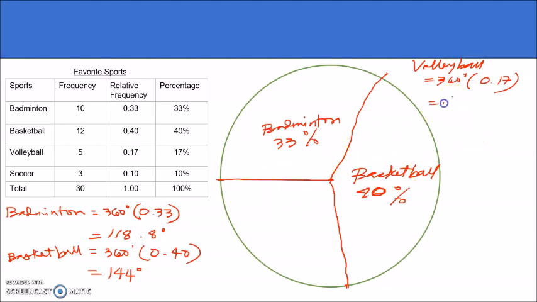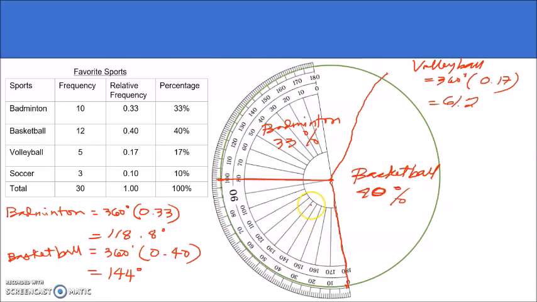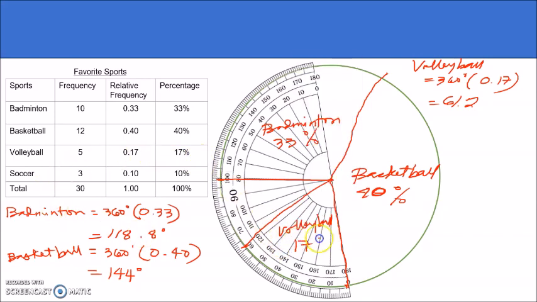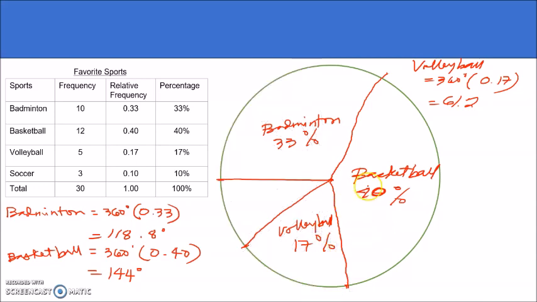Okay, 61.2. So, gagamit tayo ulit ng protractor. Dito na tayo magsi-0, point of reference na dito sa next. And so, 61. So, we have 50, 60. So, 61, dito siya banda. So, connect lang natin yan. Oops, straight line. Ayun. So, this is for the volleyball. This is ilang percentage pa? 17%. Okay, 17%. Ayan na siya.